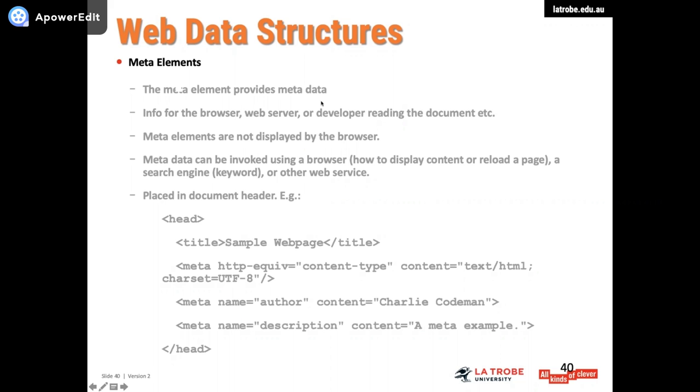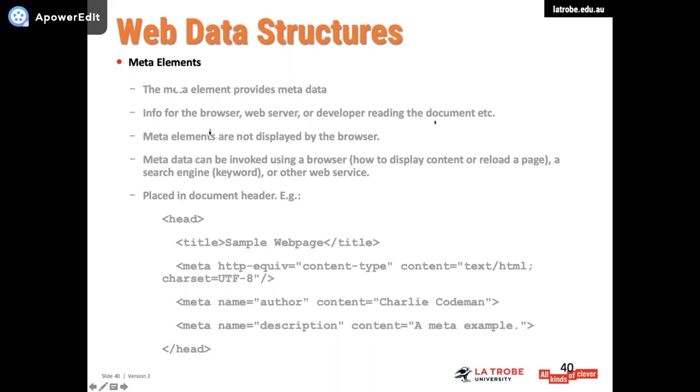As we mentioned before, this metadata is not used for the user. Usually users cannot see this information or data. Only the browser, web server or developer can read this as a document to understand what is in this web page.